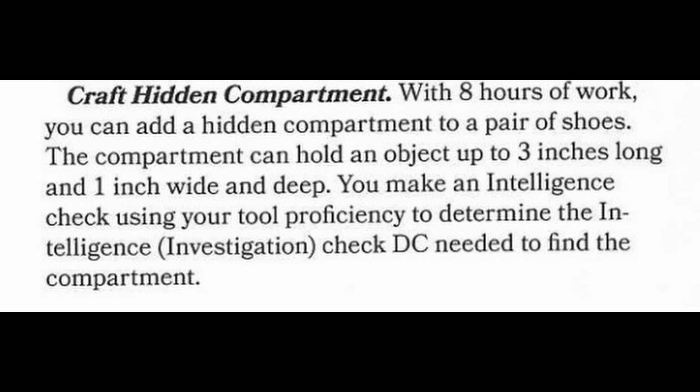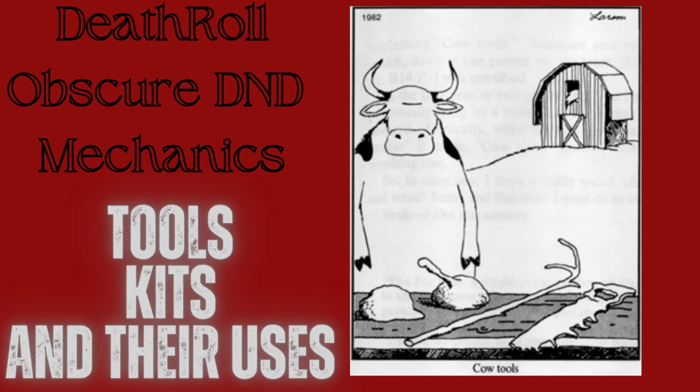Craft Hidden Compartment. With 8 hours of work, you can add a hidden compartment to a pair of shoes. The compartment can hold an object up to 3 inches long and 1 inch deep and wide. You make an intelligence check using your tool proficiency to determine the intelligence investigation check needed to find the compartment. Basically saying that whatever you roll determines the DC to find the compartment.